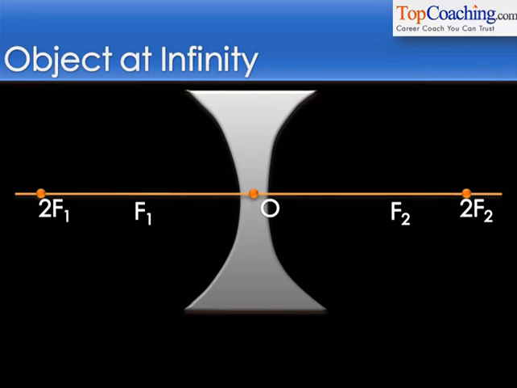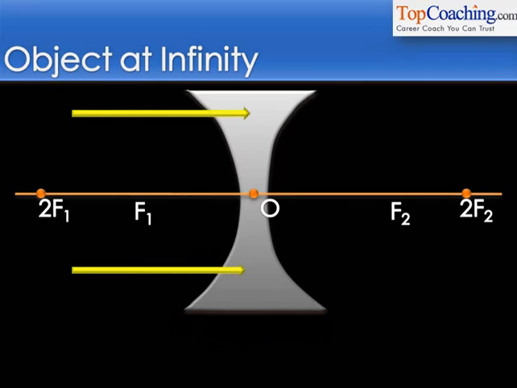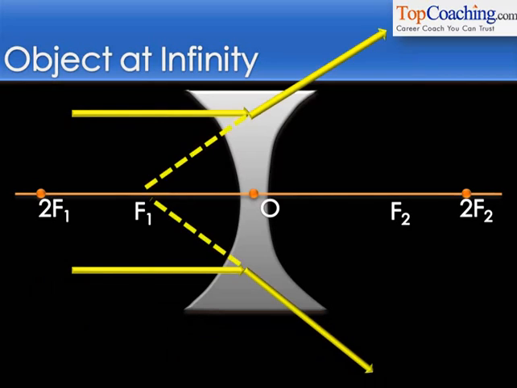The first case is when the object is at infinity. In this case, the rays coming from the object will be parallel to the principal axis. We already know that after refraction from a concave lens, rays parallel to the principal axis get refracted in such a way that on extending them backwards, they appear to come from the focus. Isn't it? There you go. So the image is formed at the focus, the first focus of a concave lens.